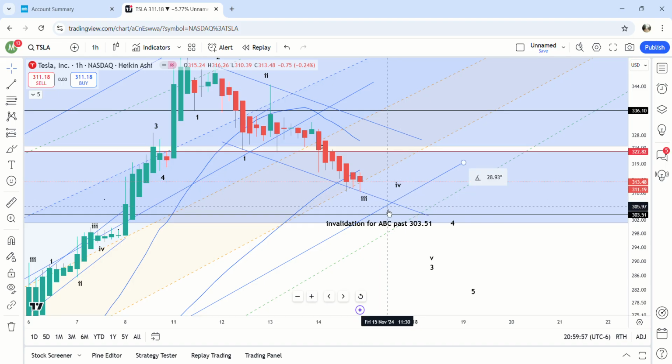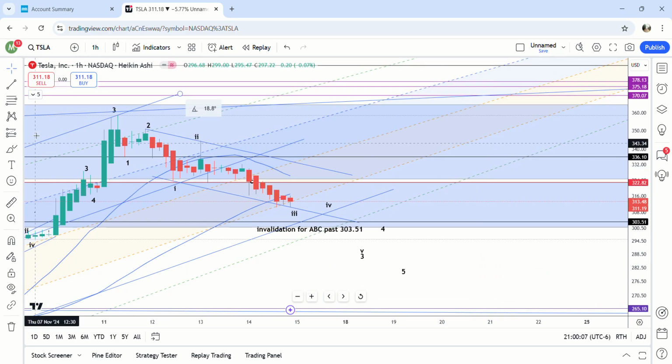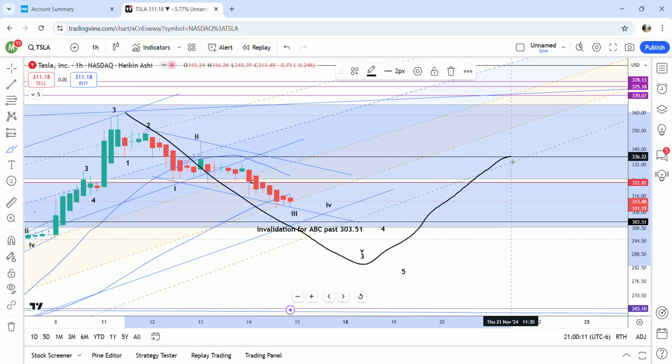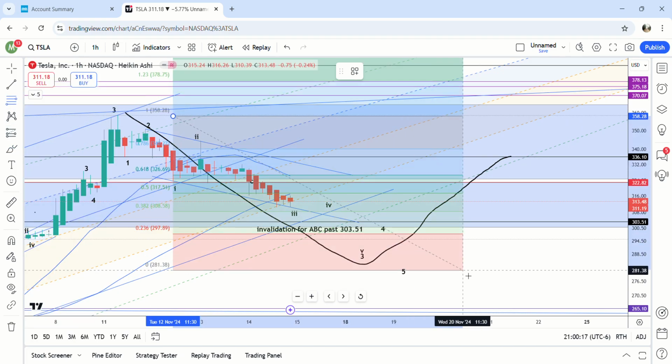If you're already in and you're willing to wait it out and you're willing to risk coming down here all the way to 280, I know that's a big drop. But after this happens, you're almost certainly going to get a move like this back up to, let's see, probably 280. You'll probably get a move at least back up here to like 317 and potentially all the way up here to 340.